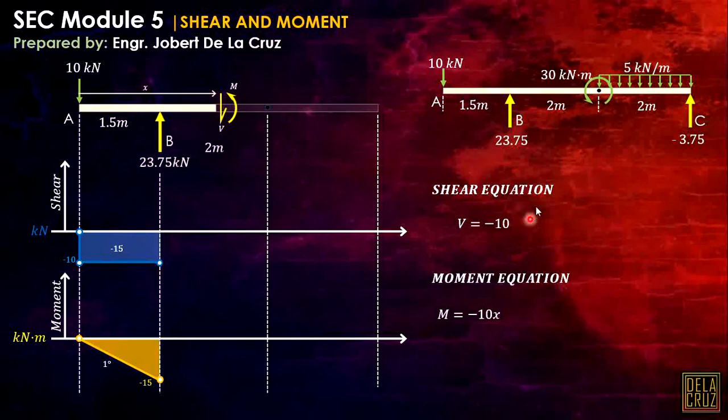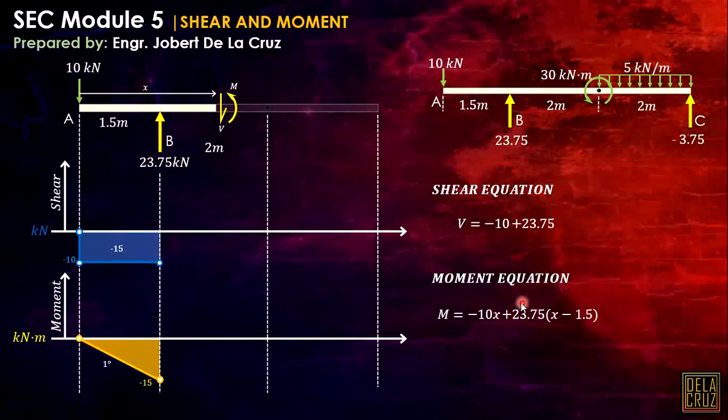This segment now. So here is where we cut. Now the shear equation here, as you can see, will include this reaction RB, so that will be plus 23.75. That is upward shear. Now for the moment, that will be plus 23.75 times (x minus 1.5).